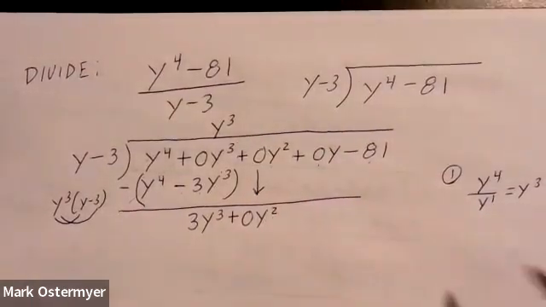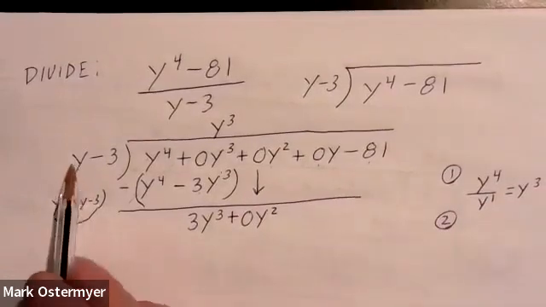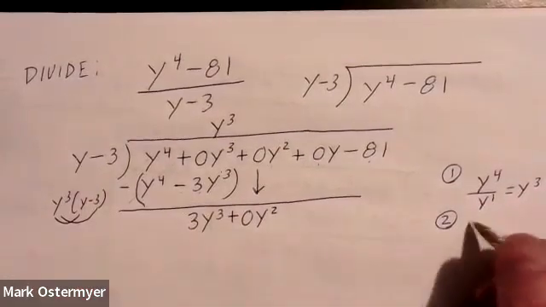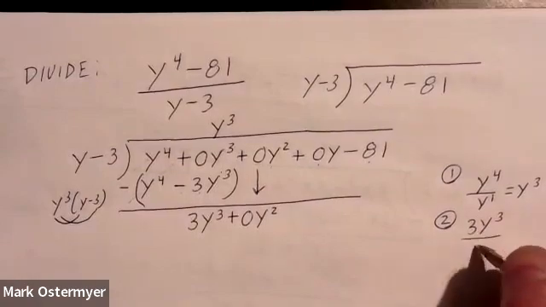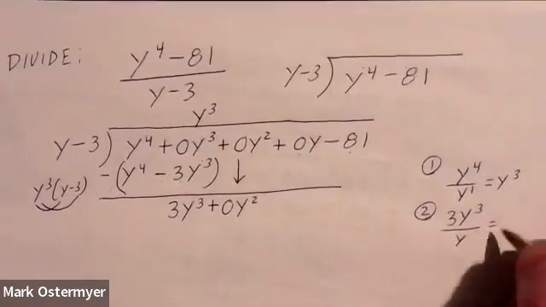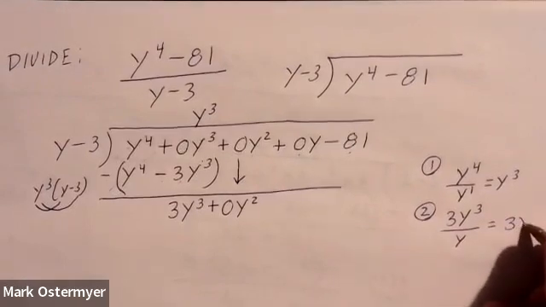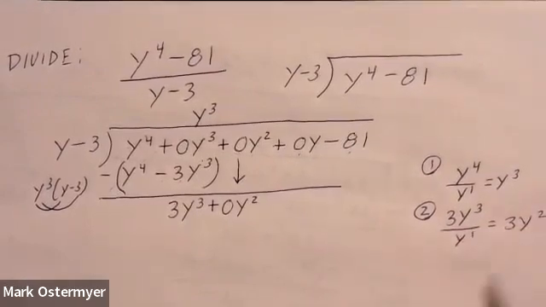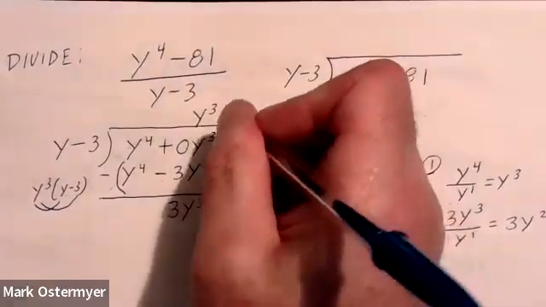All right, here goes round 2 now. We ask ourselves, how many times is y divided into 3y cubed? Well, after reducing this, we've discovered y divides into this 3y squared times. That becomes the next term in your quotient.